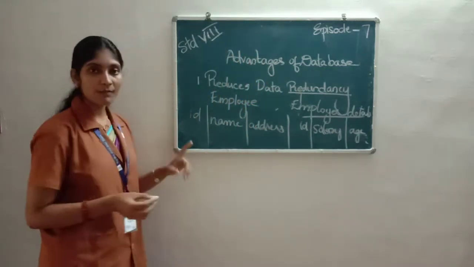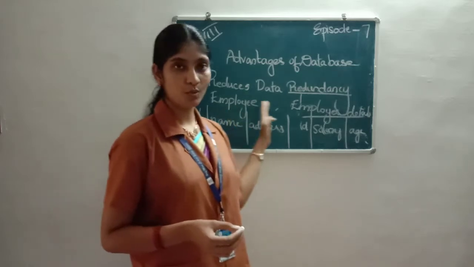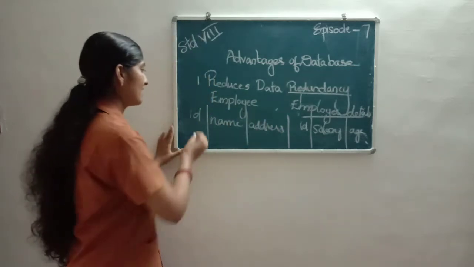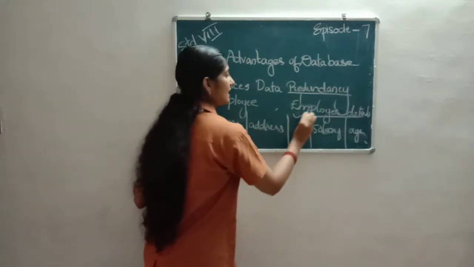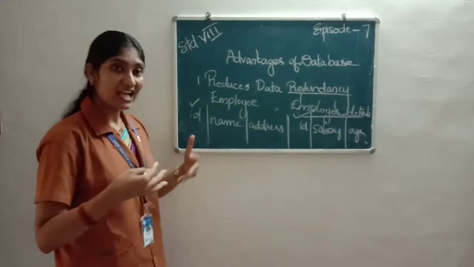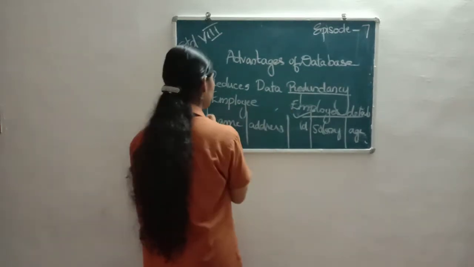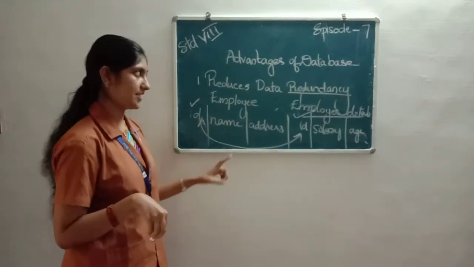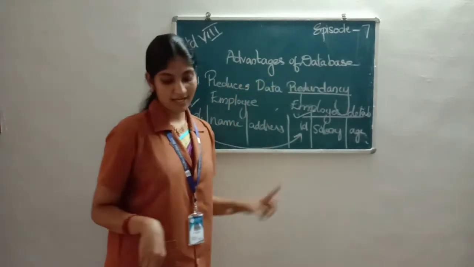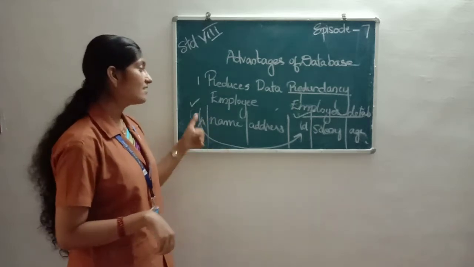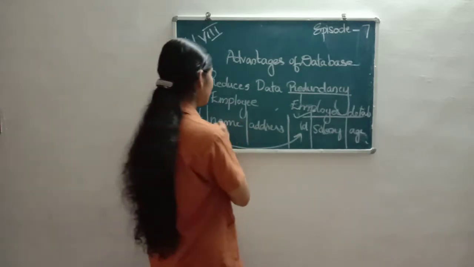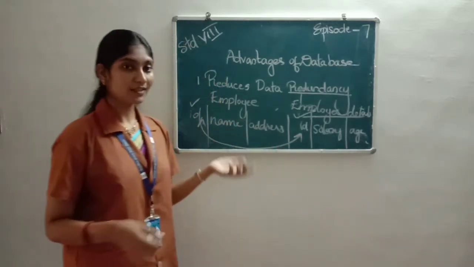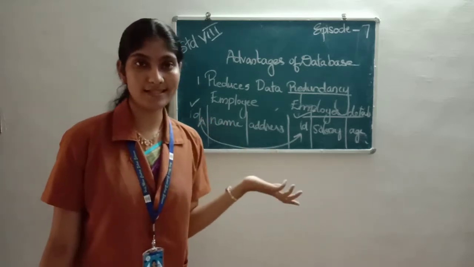So there is a common field in both of the two tables. What is that? ID. Here is an ID, here is the same ID. So we can link two tables using ID. That is the relational database system. One of the advantages of relational database is we can link two tables by using the same field.